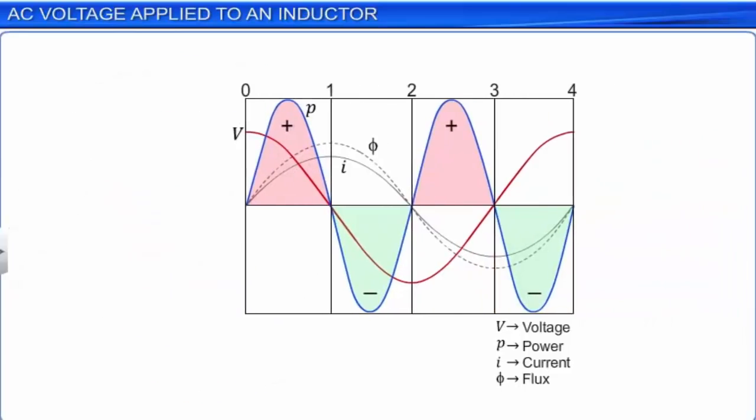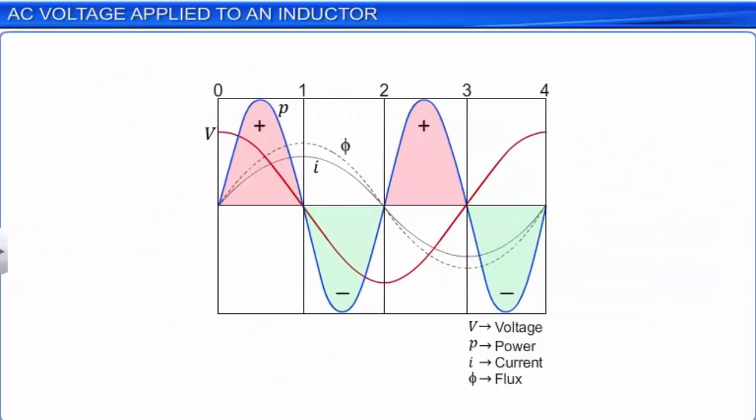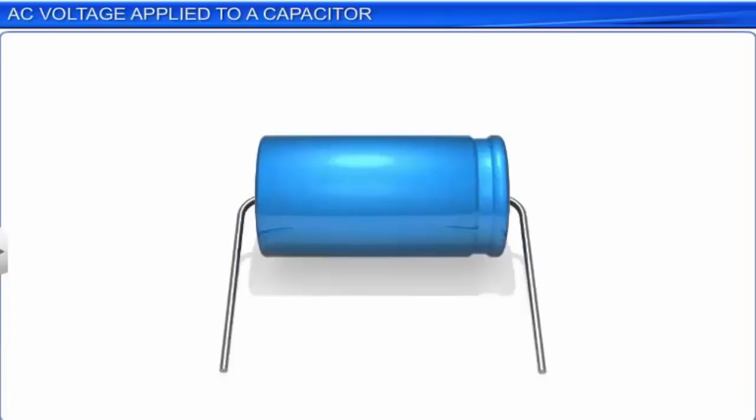Thus, the instantaneous power in the inductor is positive when both the instantaneous voltage and the instantaneous current are positive or both negative, and the power is negative when either the instantaneous voltage or the instantaneous current is positive and the other negative. A capacitor is a device that can store a charge.